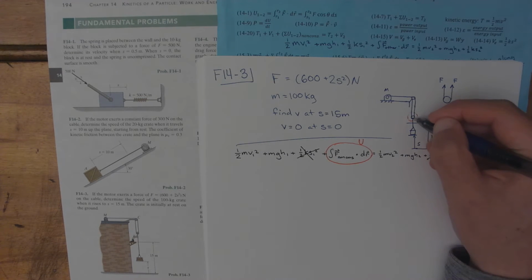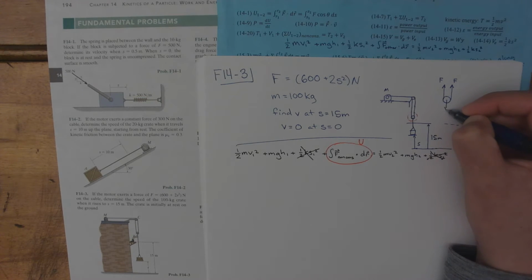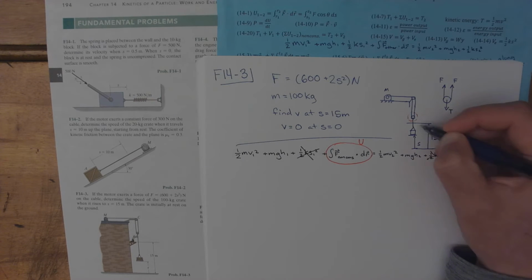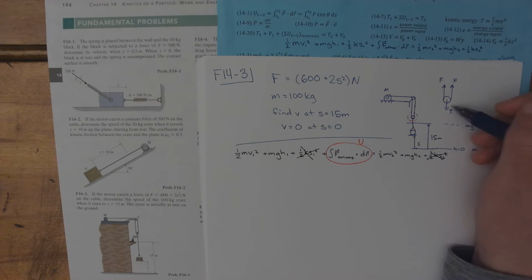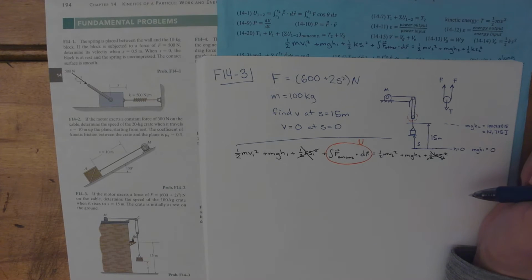Okay, now I have another force acting downward on the pulley. I'm going to call that T because it's tension in this cable, which is a different cable. So I have two forces acting upward and one force acting downward.